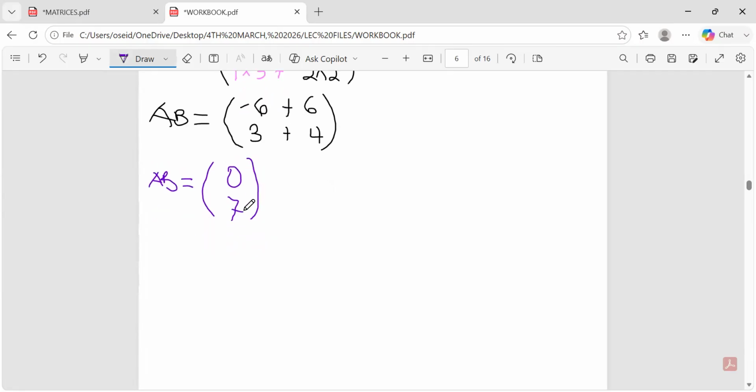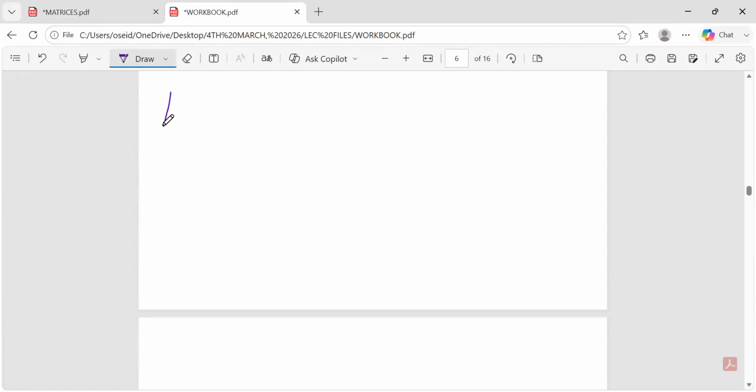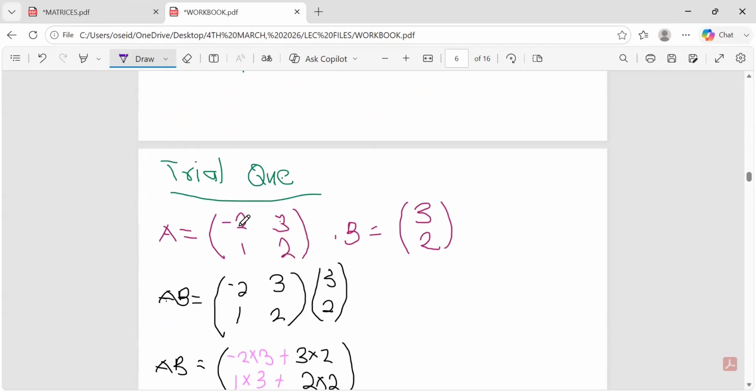Alright. The second one is BA. With BA, we cannot do it because we cannot multiply. B is a 2 by 1 matrix and A is a 2 by 2 matrix.